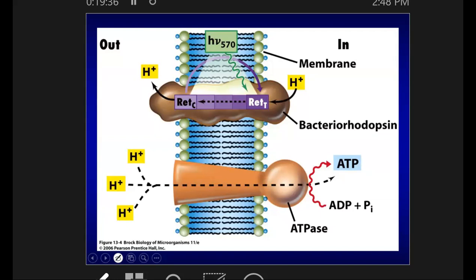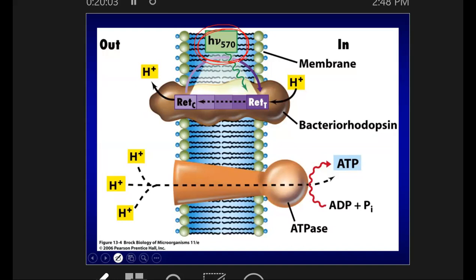So here's the retinal, and what they're showing here is when the retinal is getting hit with light. So here, hv 570, that's 570 nanometers of sunlight energy, which is what? Green, I think, greenish colors.